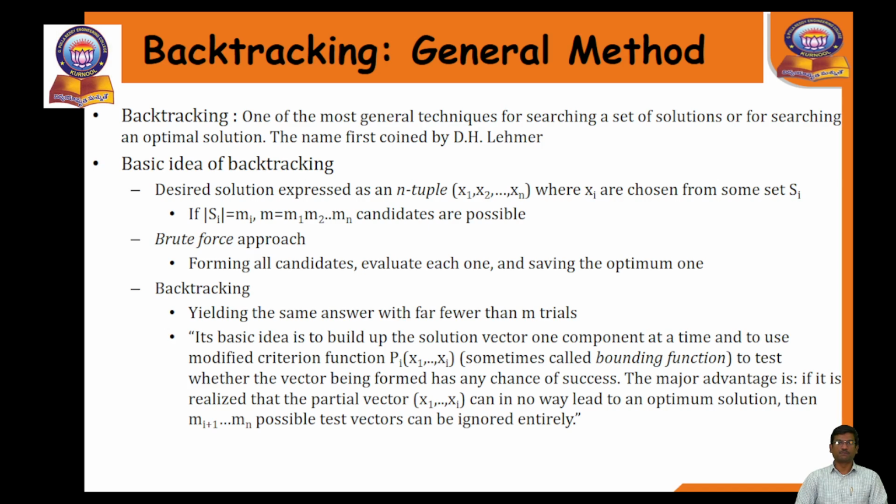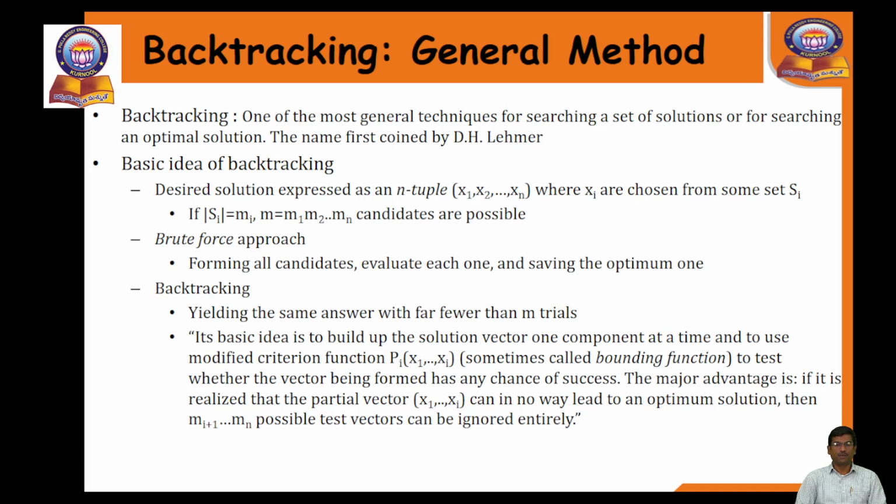That is the concept of backtracking. In this case, the algorithm backtracks to replace the last component of the partially constructed solution with its next option. The brute force approach finds all the possible solutions, out of which we find the optimal solution. Forming all candidates, evaluating each one and saving the optimum one is the concept of the brute force approach.